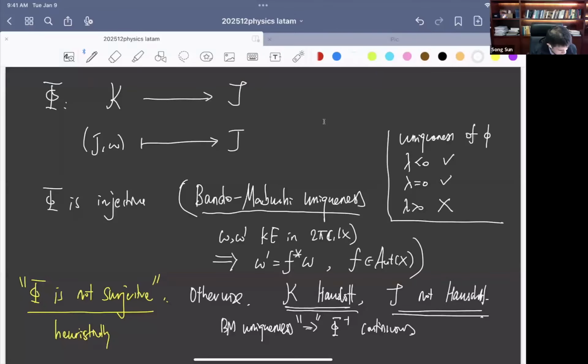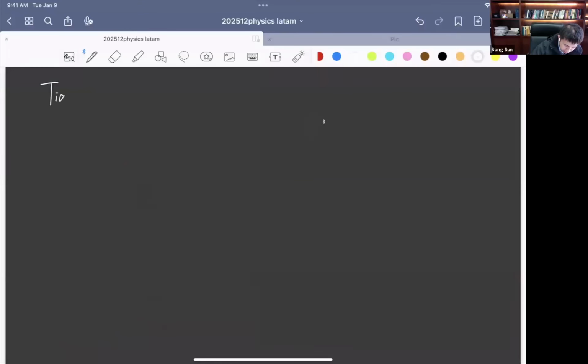This is roughly speaking the heuristic why we don't expect every Fano manifold to have a Kähler-Einstein metric, because then that would imply the complex structure moduli space is canonically identified with the Kähler-Einstein metric moduli space, but the complex moduli is not Hausdorff, and the Kähler-Einstein moduli space, the moduli space of metrics, is Hausdorff. So this is heuristic, and this was the first known example where you don't have one. I think this was the result of Tian in 1997.